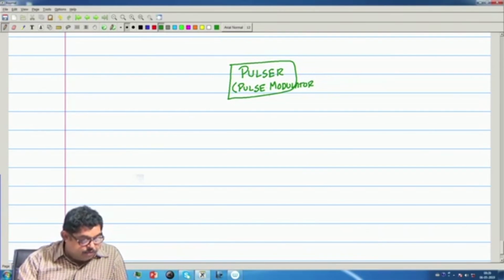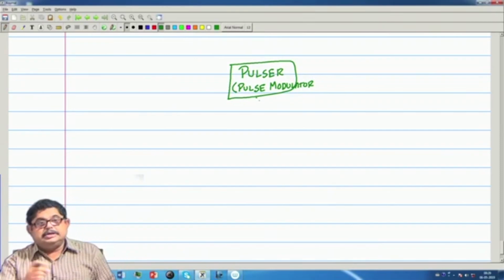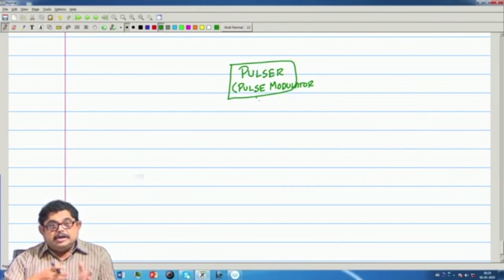Now the problem is that we will have RF oscillators, and you know that RF oscillators which were used in the early pulse radar were mainly magnetron based and they were not very stable in phase. To measure the frequency, actually frequency and phase are almost similar type of things.